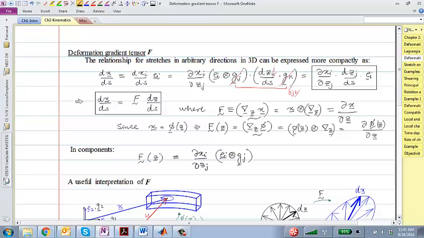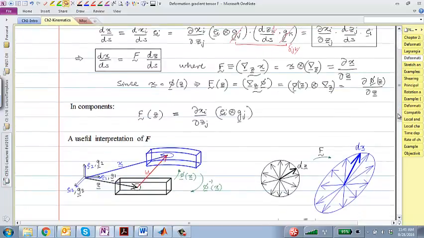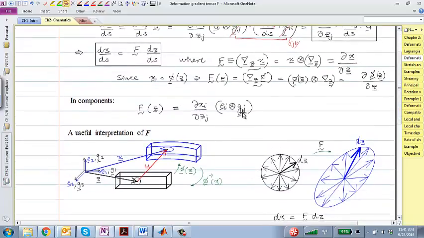So, anybody remember why we had these two different basis vectors here? Why ei dyad gj? What are the e vectors and what are the g vectors? Say that again.